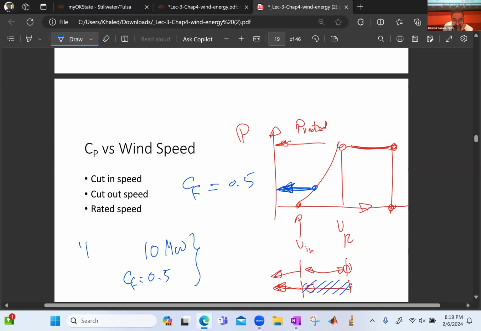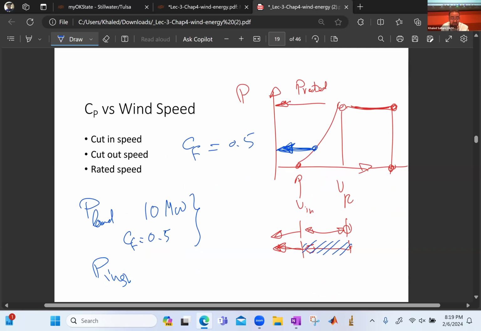So what I'm saying is that if this is P load and this is the 0.5, then the P installed should be the P load divided by the CF. Make sense? If you want to run 10 megawatt all the time, the load is 10 megawatt, they told you we want 10 megawatt from that wind all the time, and you know that the CF of that place is 0.5.